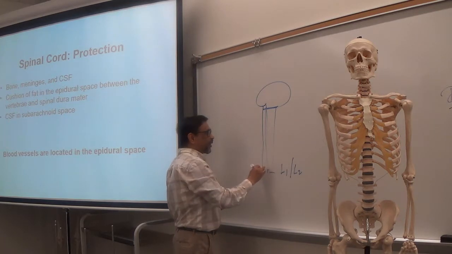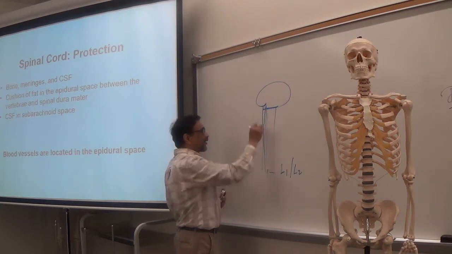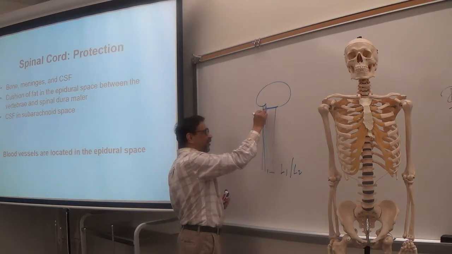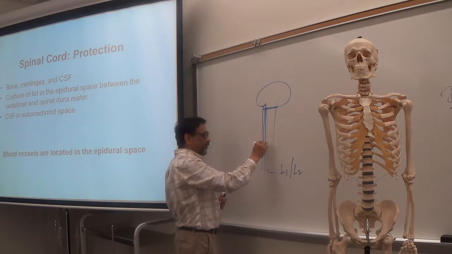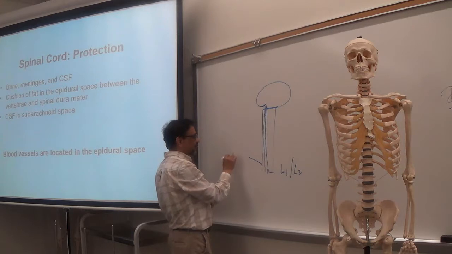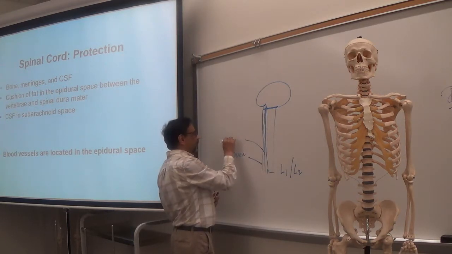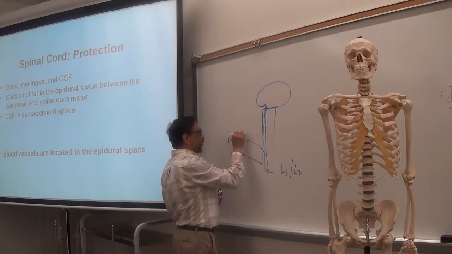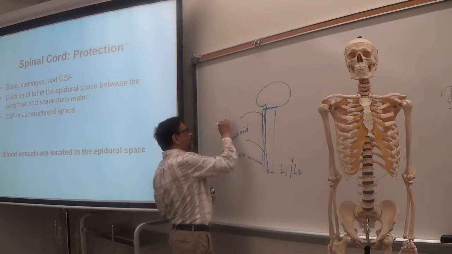So dura, then arachnoid, and pia is attached to the spinal cord. Okay, innermost one. So three meninges. Dura mater, arachnoid mater, and innermost is the pia.